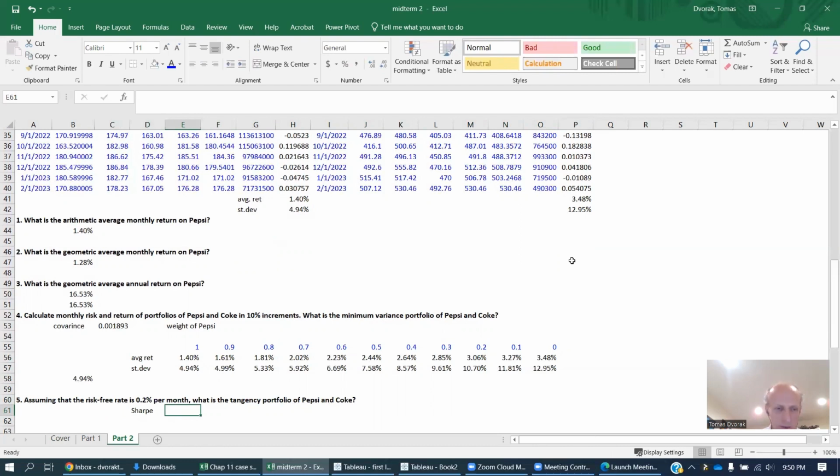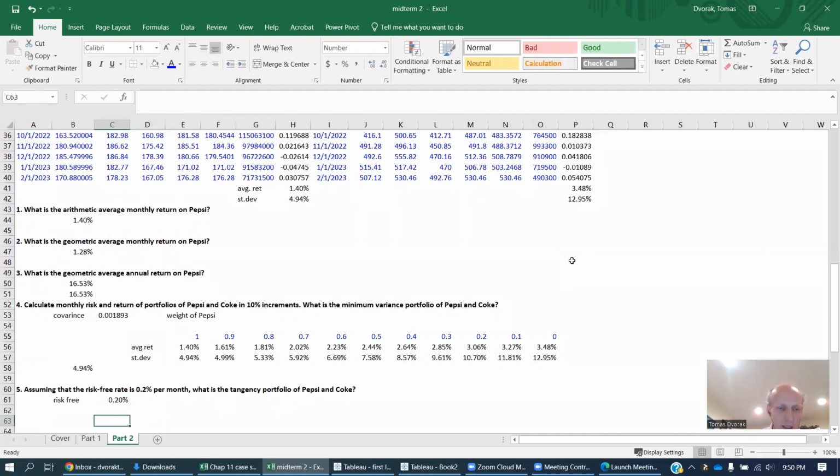But for Sharpe ratio, we'll need the risk-free rate. So let's type here, risk-free is going to be 0.2. Oh, it's formatted as percent, so 0.2%.